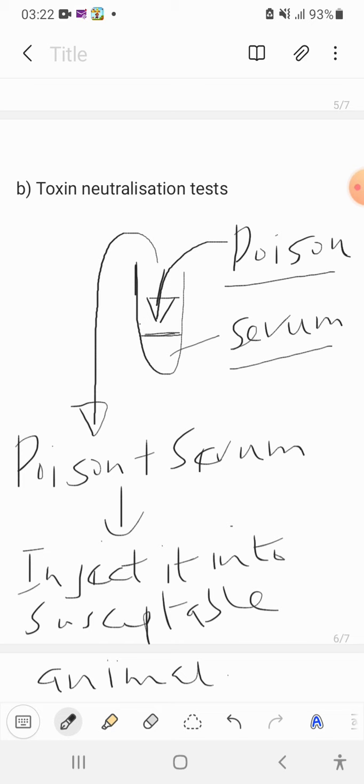So you expect two things. This animal will die because of the poison, let's say a mouse, or it will remain alive if the biological effect of the poison is neutralized.